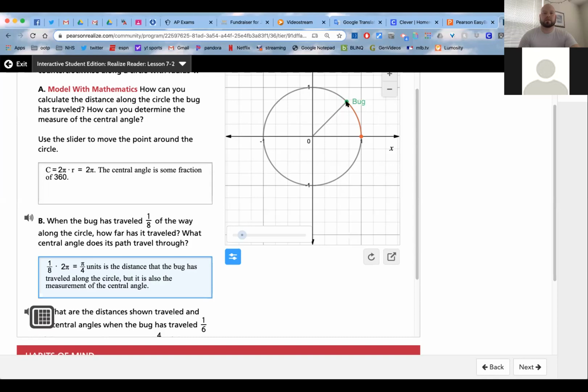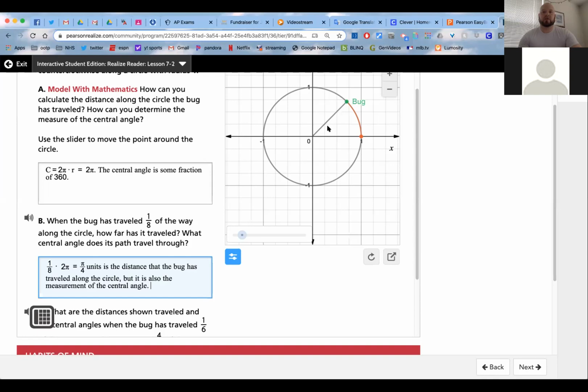So now this is 1/8 of the whole circle. If you can imagine this gray line cutting the first quadrant in half, and you put one of those lines also in quadrants 2, 3, and 4, then you can see the circle gets split into 8 equal parts. So right now the bug has traveled 1/8 of the distance around the circle.